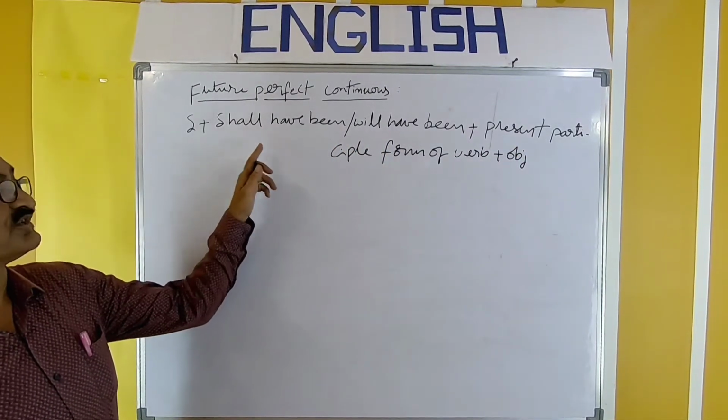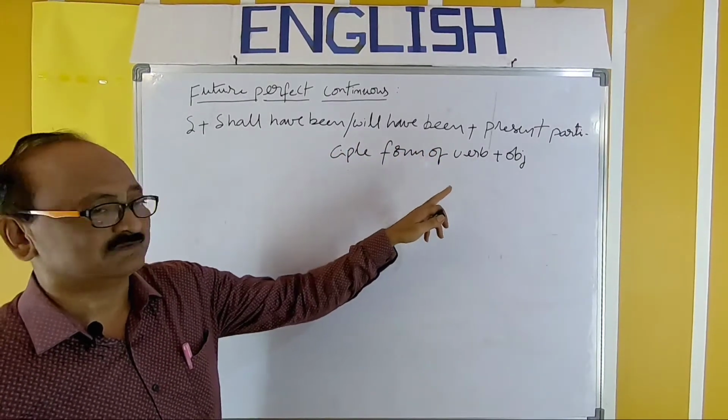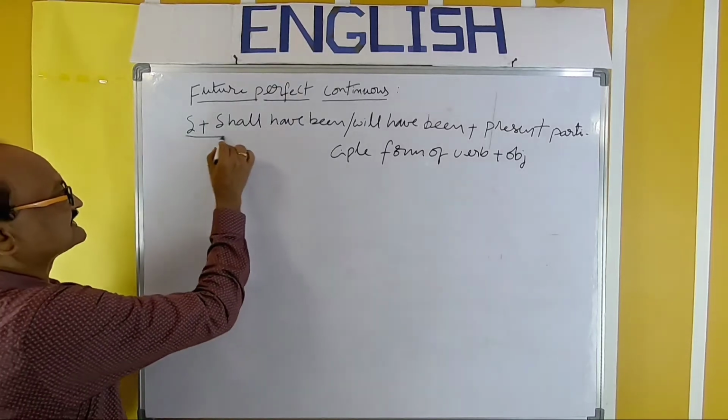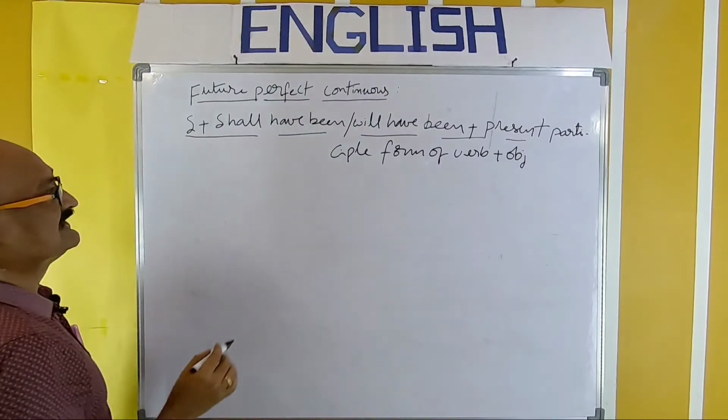So, subject plus shall have been or will have been plus present participle form of verb plus object. So, this is the basic pattern or structure of future perfect continuous.